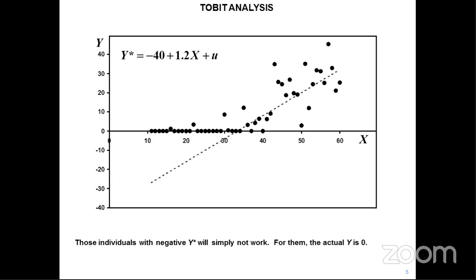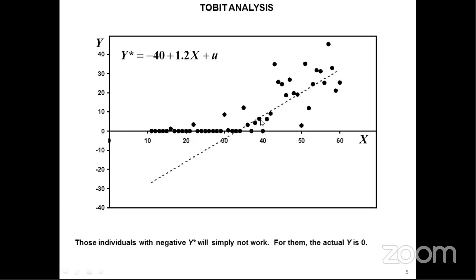That means the dependent variable which you have selected for your analysis has observations which are censored at some specific value. In this illustrative example, they are censored at the 0 value.